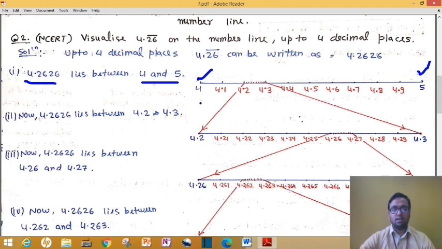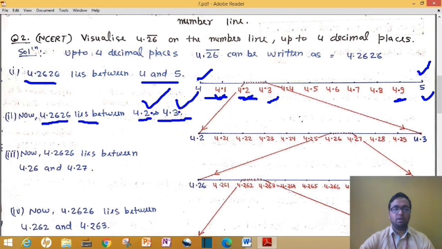Okay. So as you can see, we have given 10 divisions to this number line. The first division is 4.1, then 4.2, then we have 4.3 and so on. Similarly, the second last is 4.9 and at last is 5. Now we can say 4.2626 lies between 4.2 and 4.3. Think this is 4.30 and 4.20, 20 and 30.